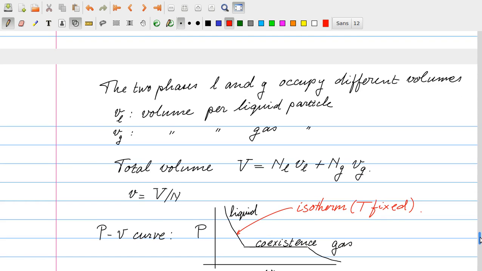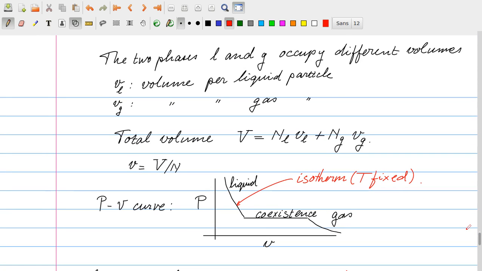And so the difference with chemical equilibrium is that there is usually a very strong difference in the volume that the liquid and the gas particles occupy. A liquid is dense, so each particle occupies a small volume, and we define v_L, small v_L, not the capital V, as the volume per liquid particle.